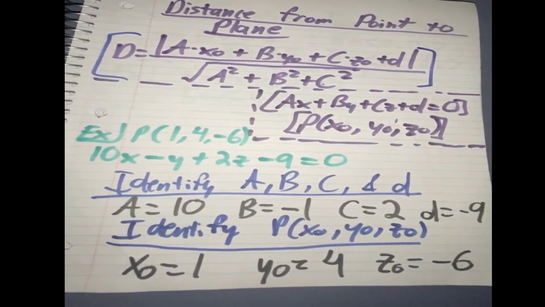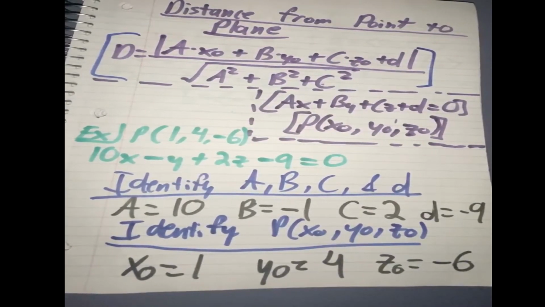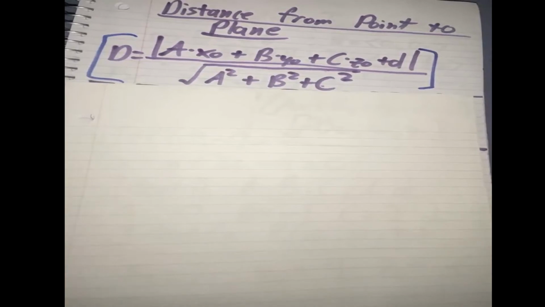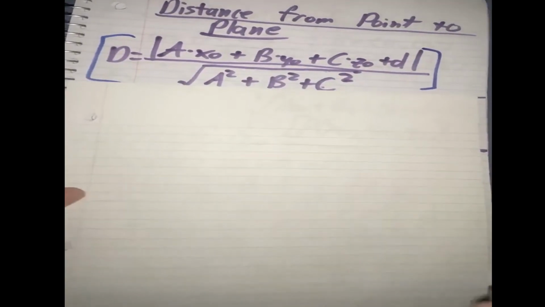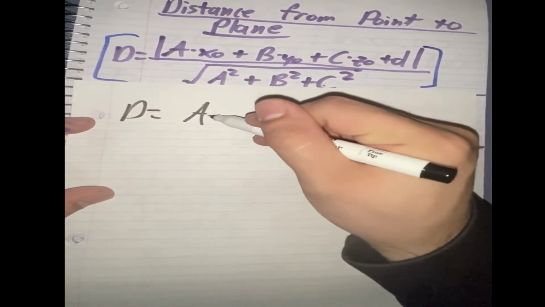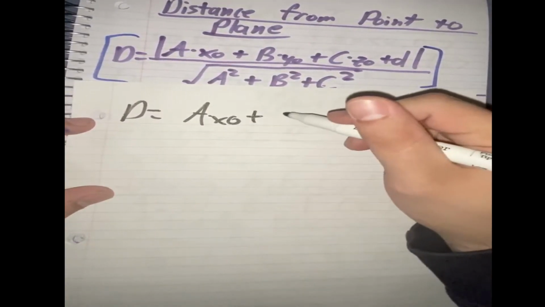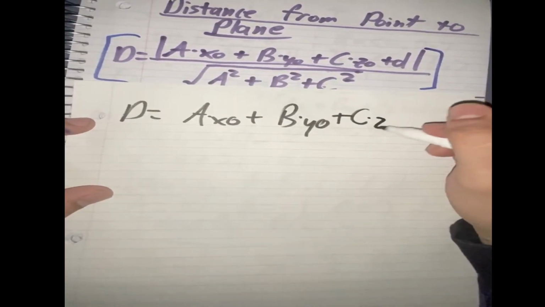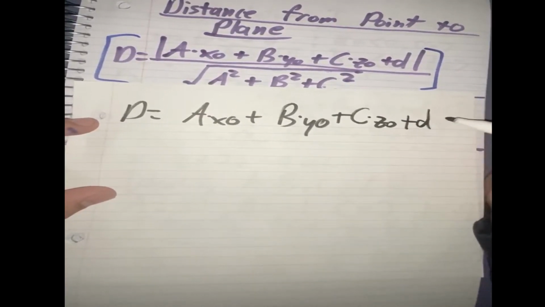So the next step of this process would be to plug them into the formula. So that's exactly what we're going to go ahead and do. With this formula, we're going to write it down. D is equal to the absolute value of a times x naught plus b times y naught plus c times z naught plus d, divided by the square root of a squared plus b squared plus c squared.